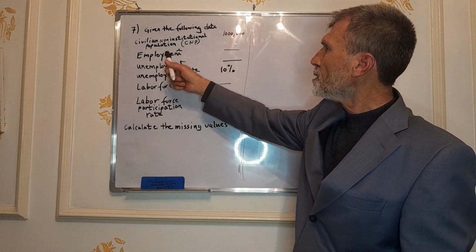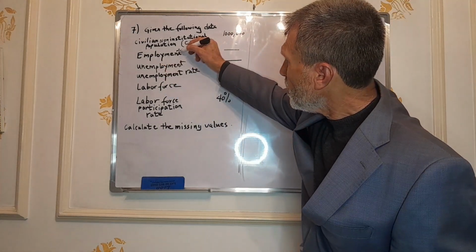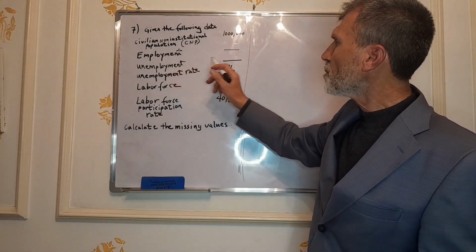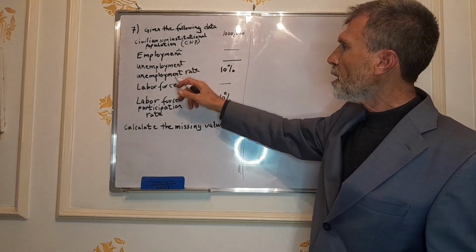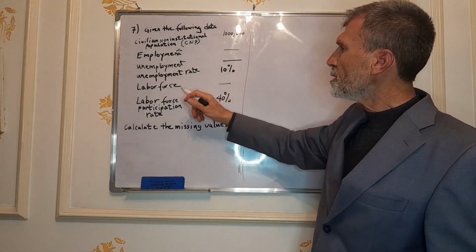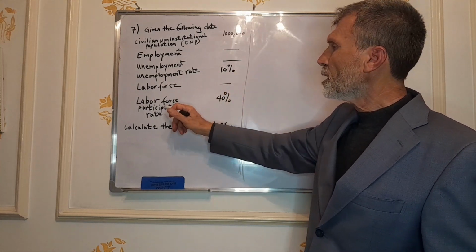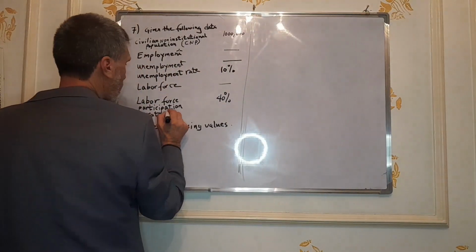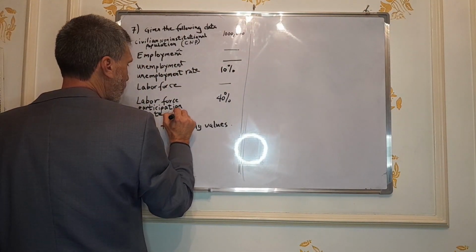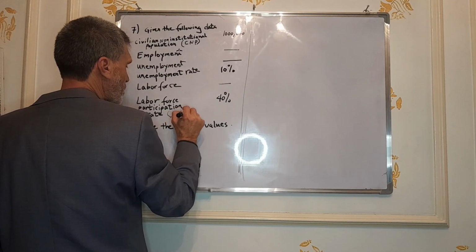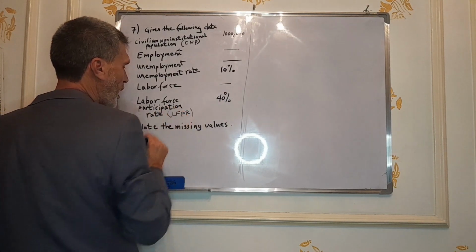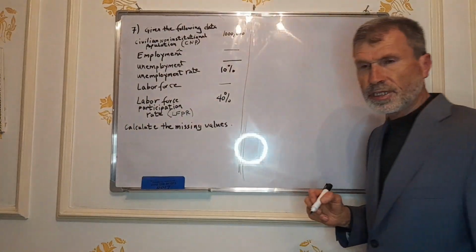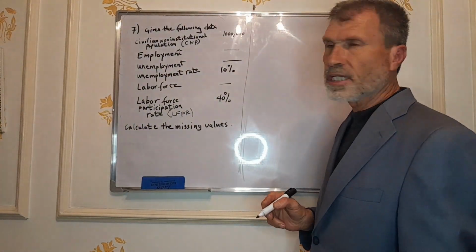The employment is missing, the unemployment is missing, the unemployment rate is 10%, the labor force is missing, the labor force participation rate, LFPR, is 40%. Now calculate the missing values.